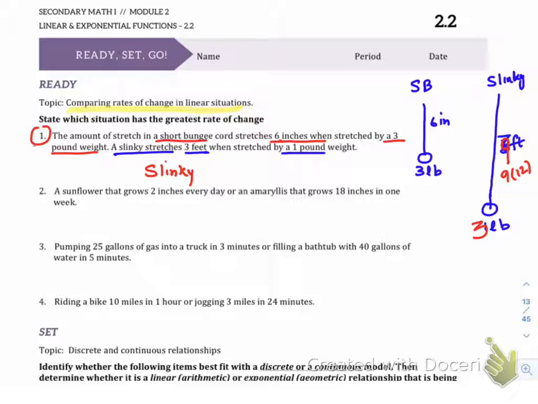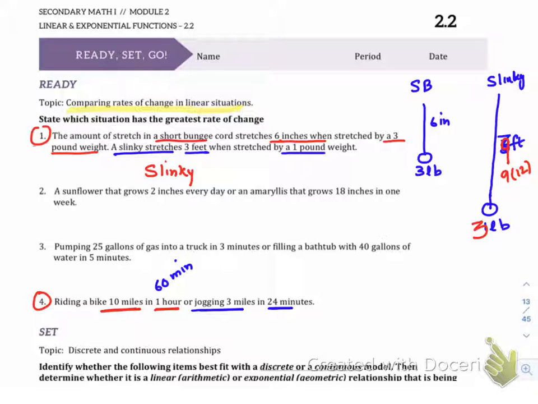Now if I move to question number 4, riding a bike, you are riding 10 miles in 1 hour, and jogging, you are going 3 miles in 24 minutes. We can say 60 minutes instead of 1 hour, and you're going 10 miles.